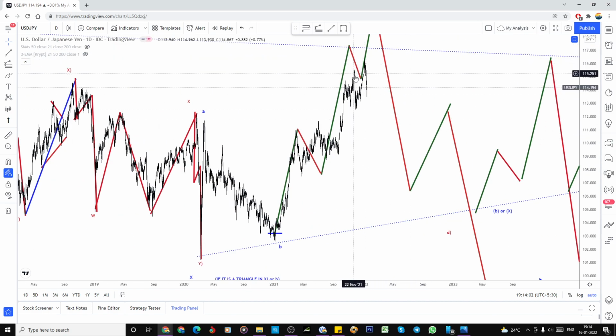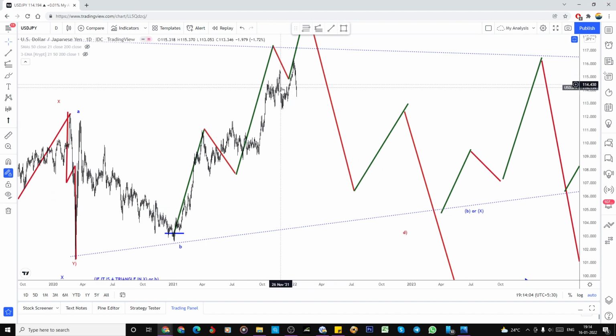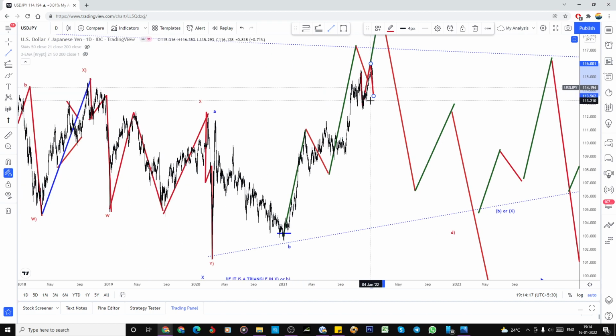What I did here is the fourth wave, it's happening now, and we are in that running flat, and I am in the buy from 113.49, exactly I caught.